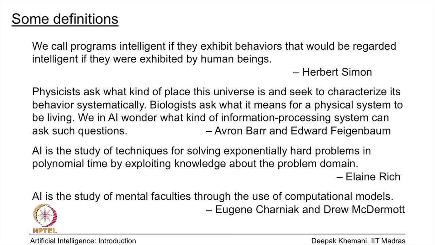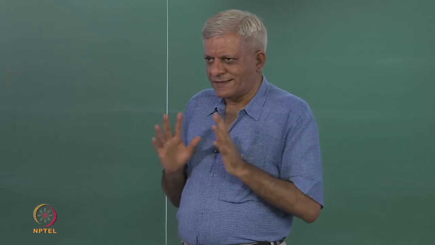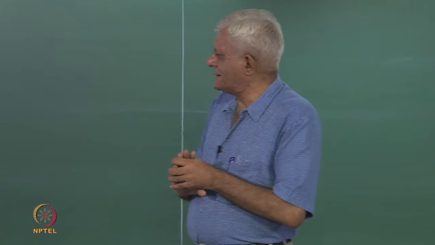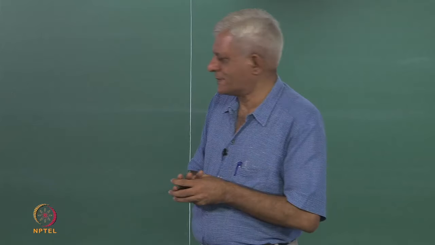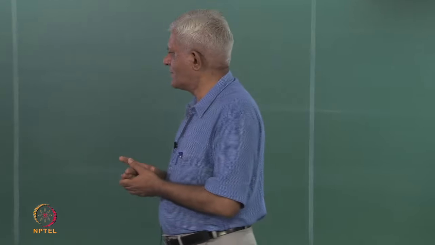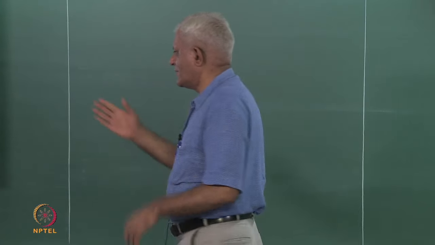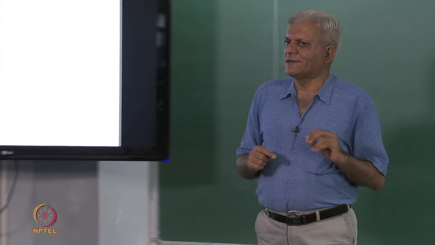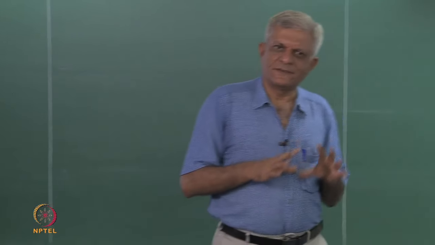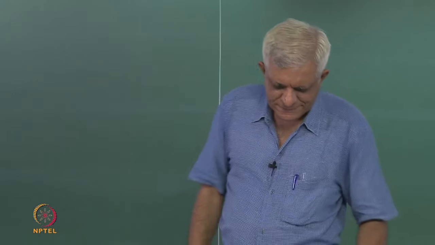One is the cognitive approach, which says we are trying to understand intelligence, and the other is the engineering approach, which says that we want to build smart systems or smart apps, if you want to say nowadays. So, what this definition says is that we want to study mental faculties, and to do that we will build computational models and use them for the studies.